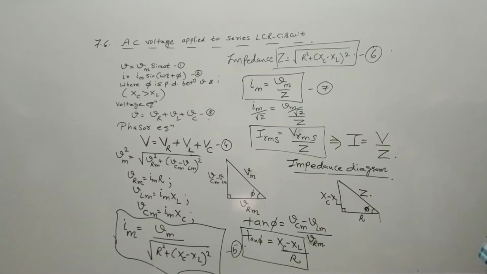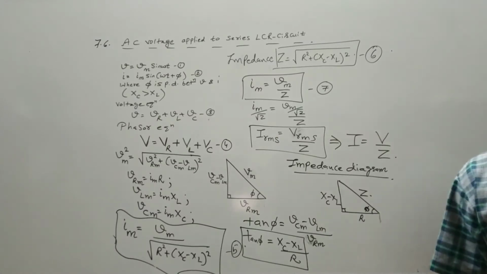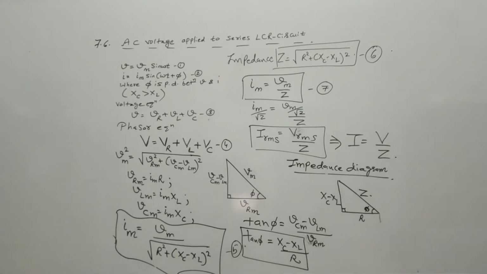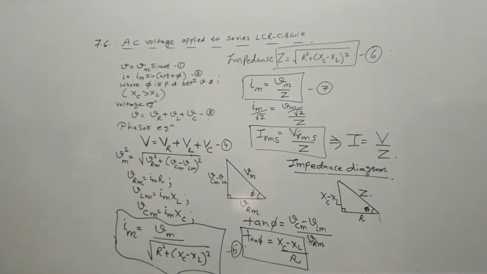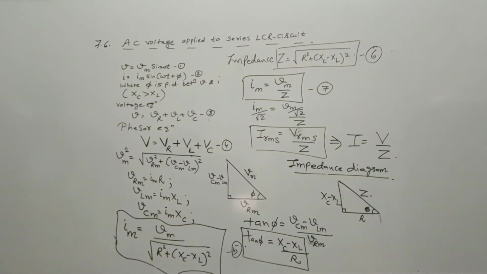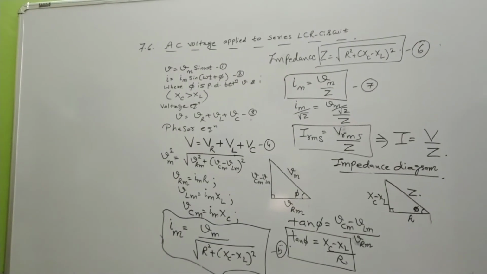Now, in the end, we have to draw the curve for V versus I and omega t, which we have drawn individually for all the circuits. So let us draw the diagram for V and I versus omega t.